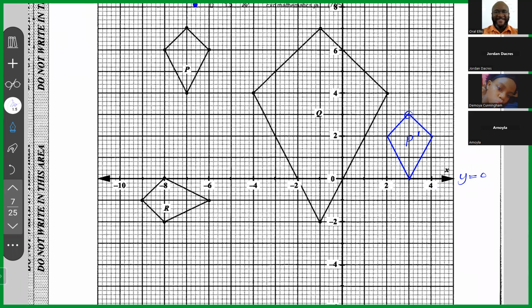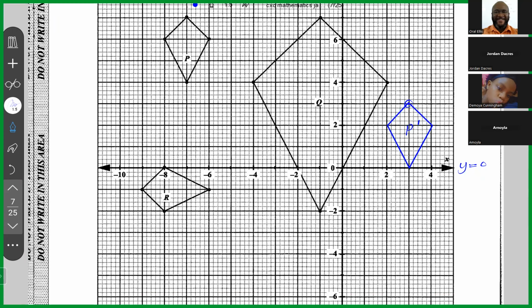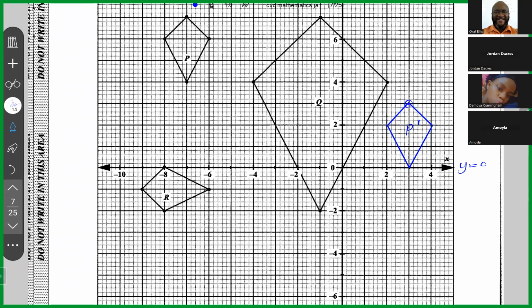In a reflection, the object and the image are the same distance from the mirror line on either side of the mirror line. P is 1, 2, 3, 4 units from the mirror line. The image is also 4 units from the mirror line, but on the other side.